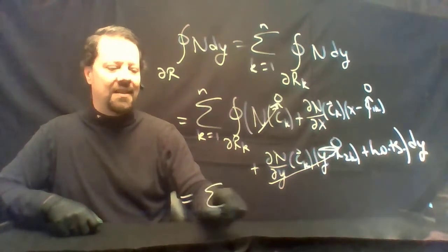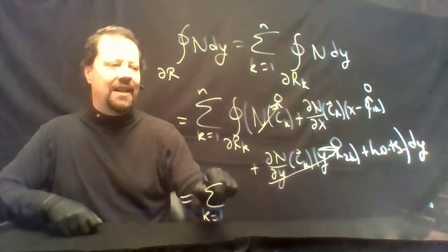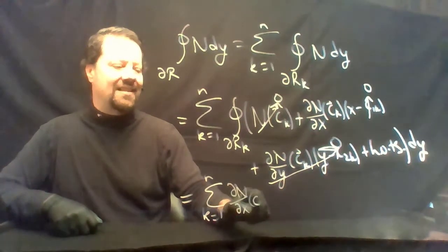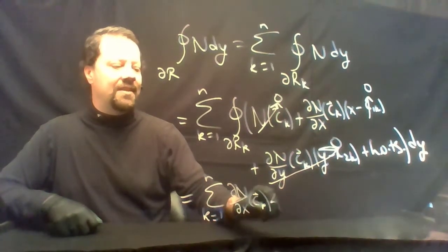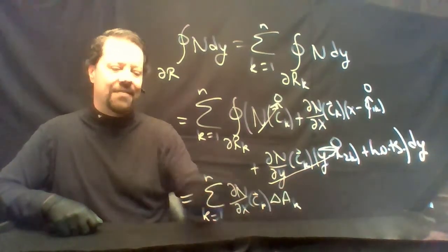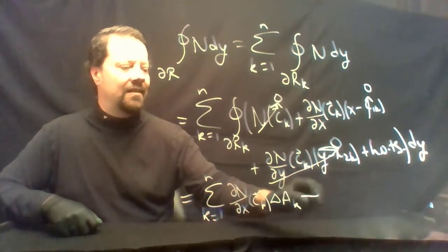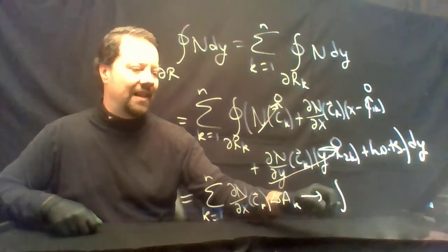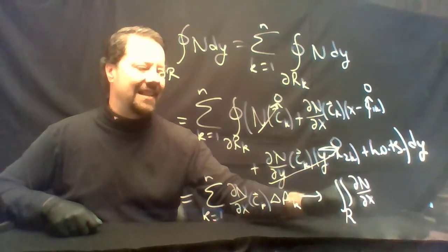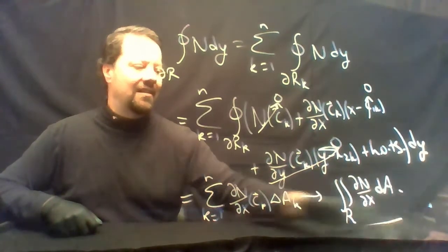So we'll have the sum, as k goes from 1 to n, of dn dx at ck times this little element of area. In the limit, as these little elements of area go to 0, we end up with exactly the integral on R of positive dn dx dA.